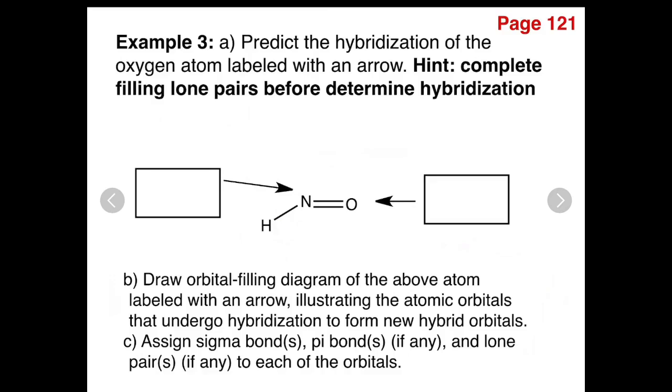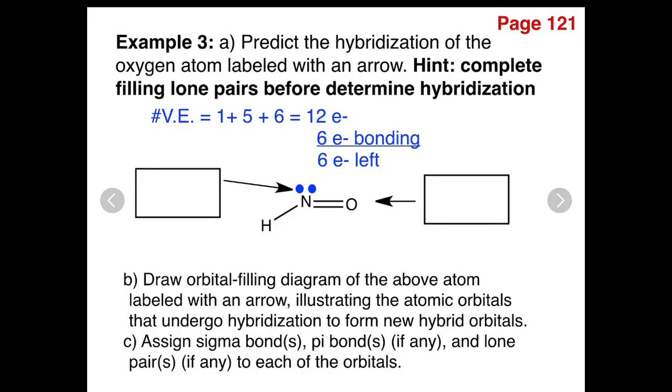Okay, so again, in order to draw the orbital filling diagram here and assign sigma bonds, pi bonds, or whatever, you will first need to make sure that you determine the correct hybridization. To determine the correct hybridization, you need to make sure your Lewis structure is complete. In this case, the Lewis structure still needs electrons added to those 2 atoms.